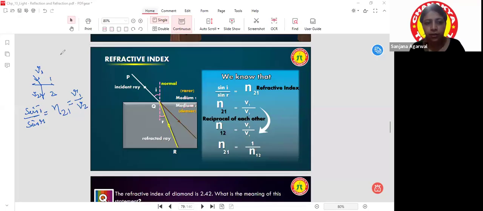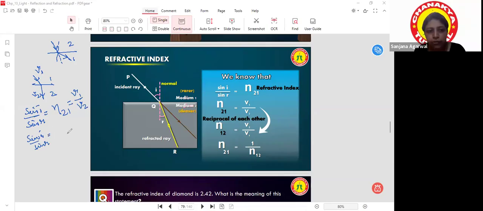Okay. Now, if you change these mediums, suppose the ray of light is moving from the second medium, the first medium is here now. Because the light has to go from denser to rarer, it will move away from the normal. And this time, if I take sine I by sine R, the I and R will change.